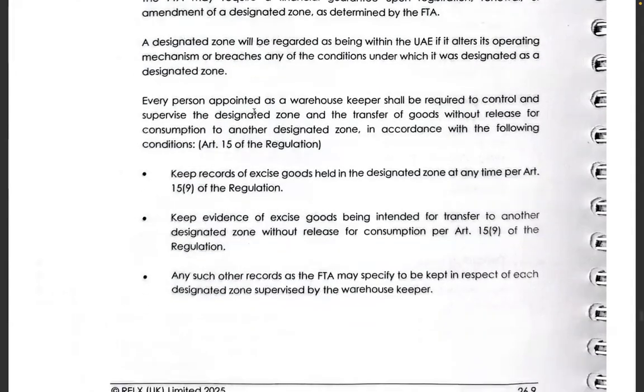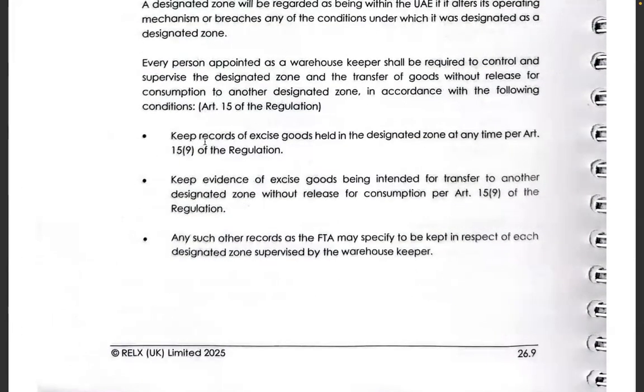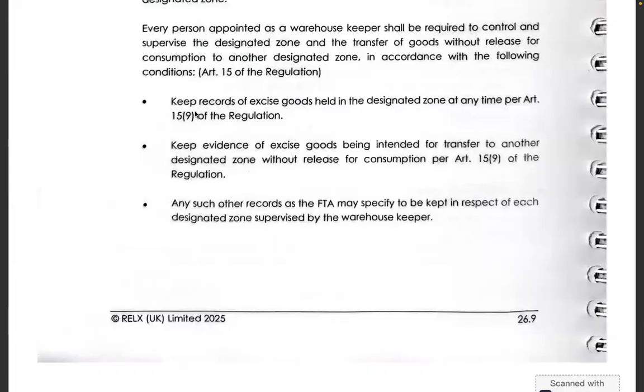Any person appointed as a warehouse keeper shall be required to control and supervise the designated zone and the transfer of goods without release for consumption to another designated zone in accordance with the following conditions. There are conditions of transfer of goods from one designated zone to another. We'll see what those are. Keep records of excise goods held in the designated zone at any time as per Article 15(9) of the regulation.